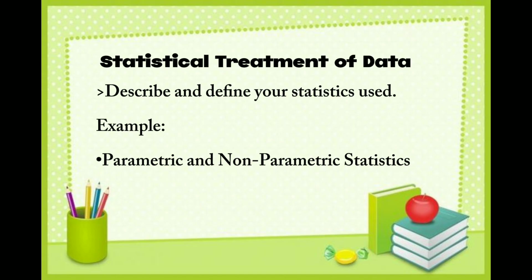Or are you using non-parametric tests like Wilcoxon rank sum or Mann-Whitney statistics? You are going to present, describe, define, and even justify why you will use this kind of statistical treatment for your study.